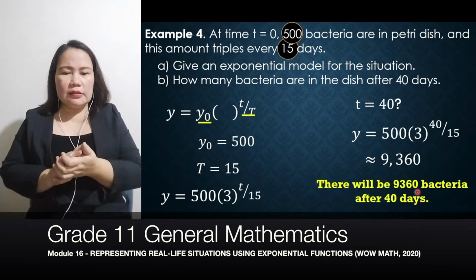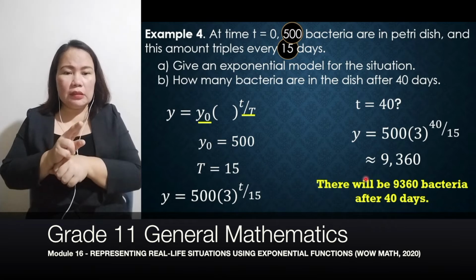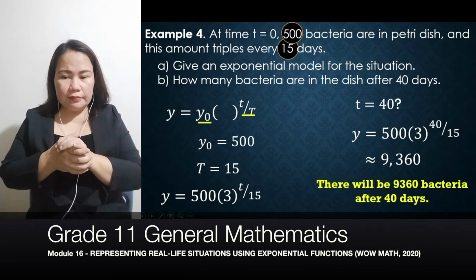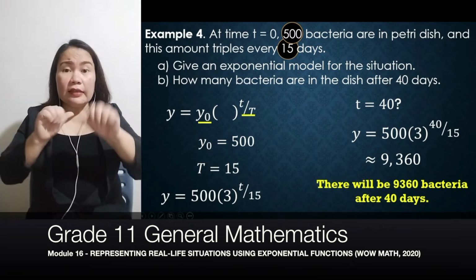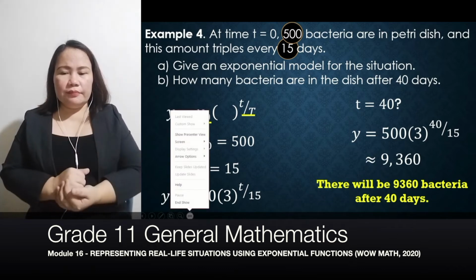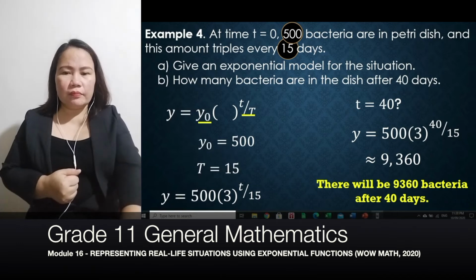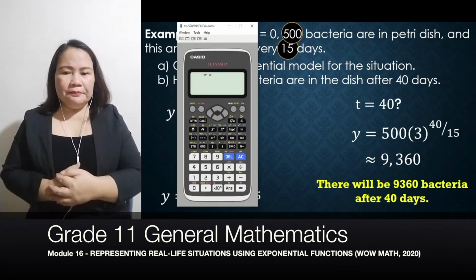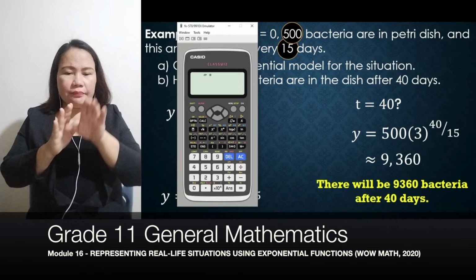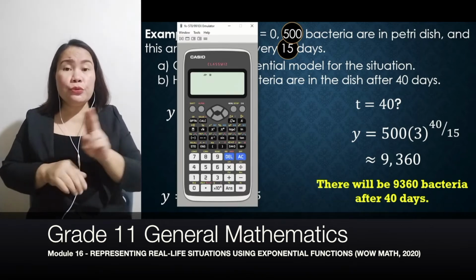Or you can use your scientific calculator to check your answer. At saka mas madali i-check yung sagot kasi pag minanual nyo to, mahihirapan pa kayo. You can check using your calculator.